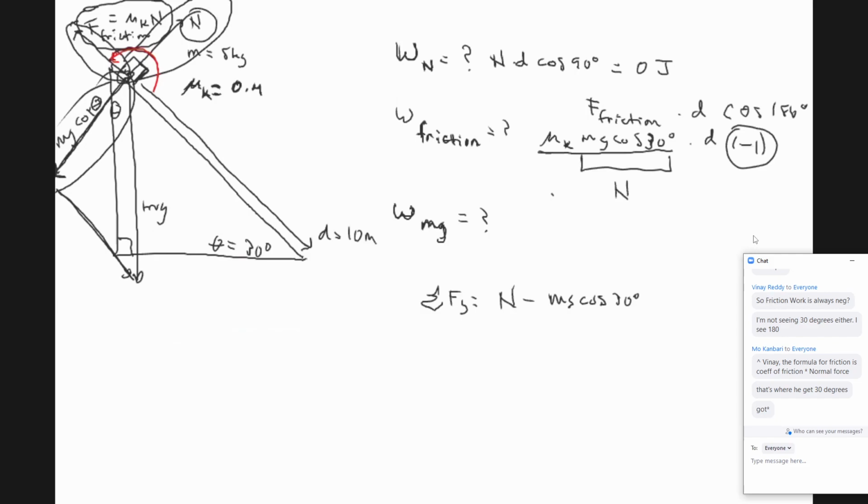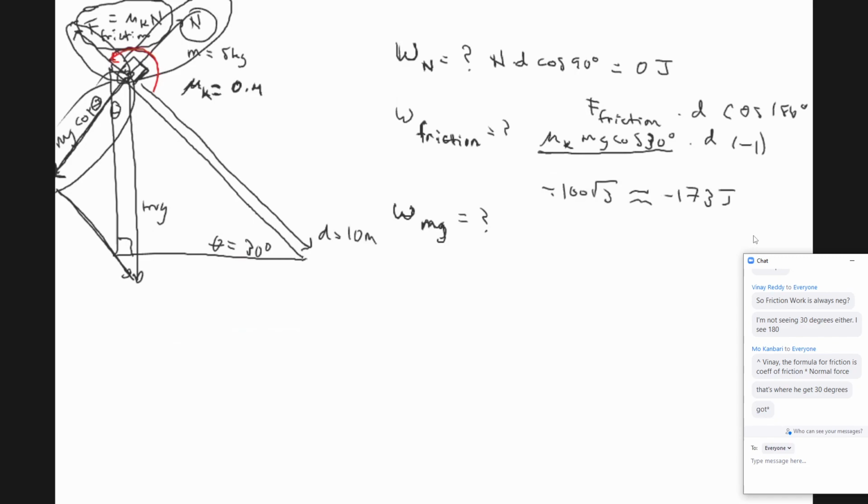Okay, so let's erase this. So now we can just substitute in the numbers. So what do you get? I think Zoe did it. And she ended up getting negative 100 root 3, which is approximately negative 173 joules.